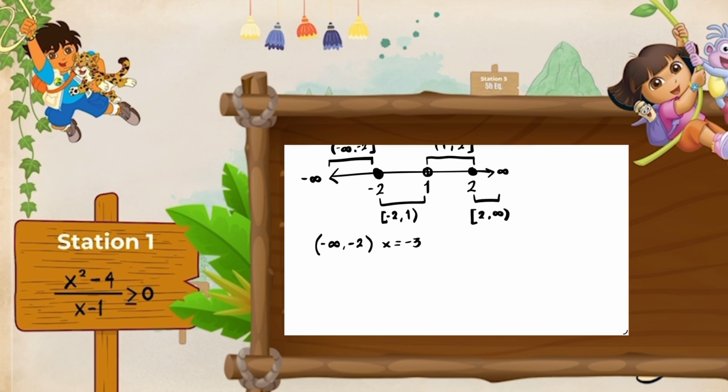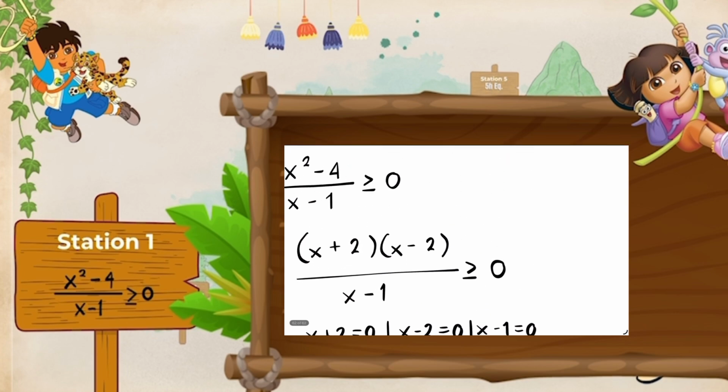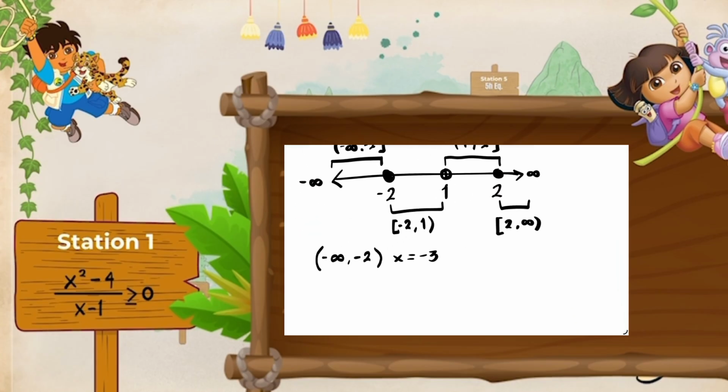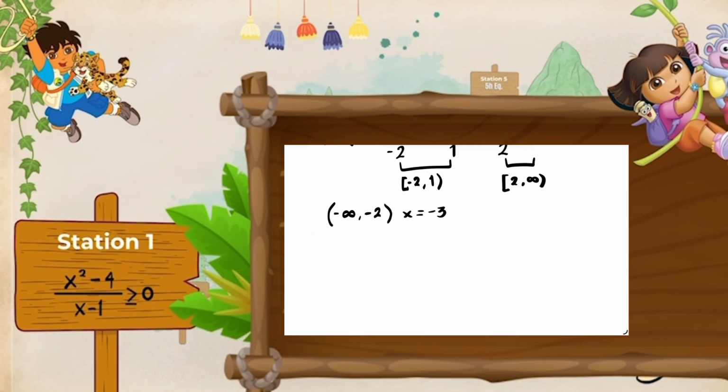We're going to replace the x in the equation with negative 3 to see if it's true or false. So it will become (negative 3 squared minus 4) over (negative 3 minus 1) is greater than or equal to 0.